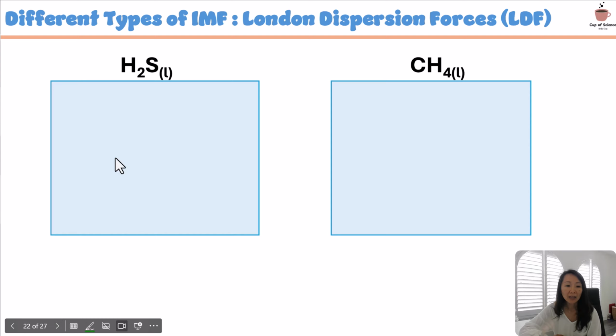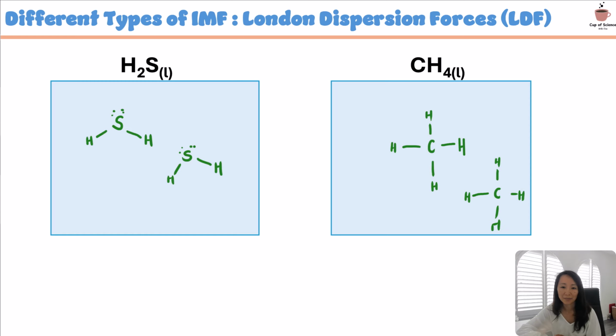Let's do H2S and CH4. Before you begin, I highly encourage you to draw the Lewis structures of the two and then come back and check this video. And here is the key. Let's start off with H2S. This is a polar molecule, so let's go back.